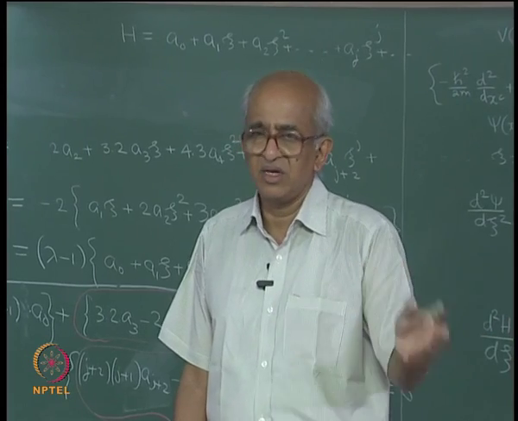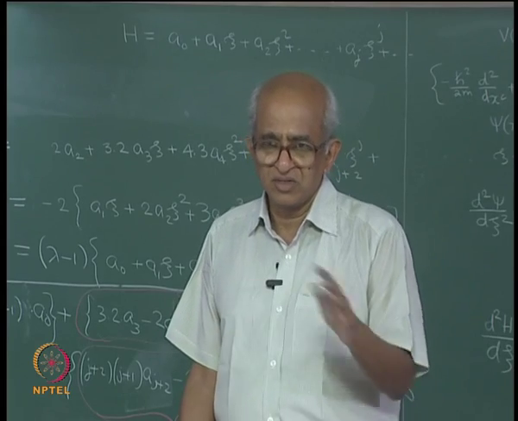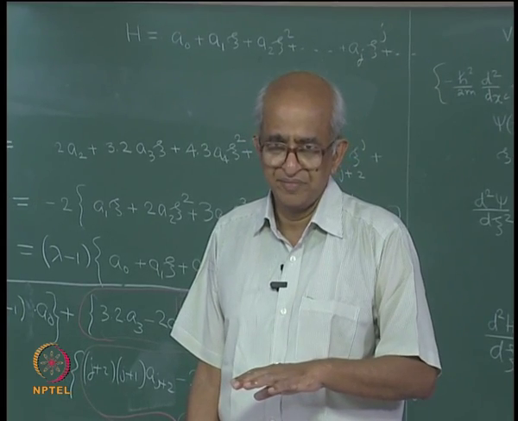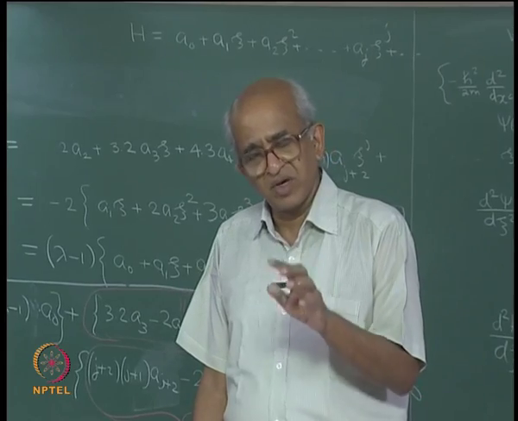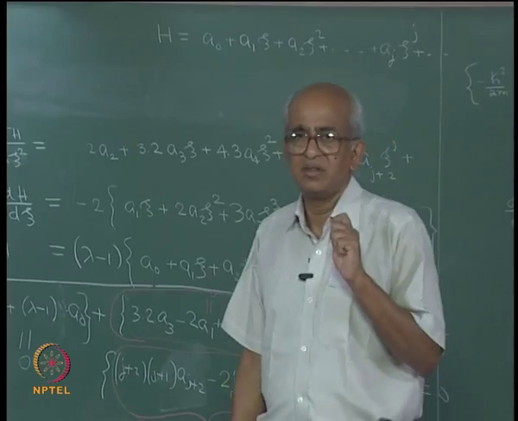So, if you change the sign of x, the wave function either has to change sign or it has to remain unchanged. So, suppose I am looking at solutions which are symmetric, then what will happen?